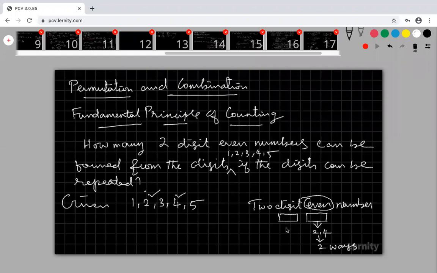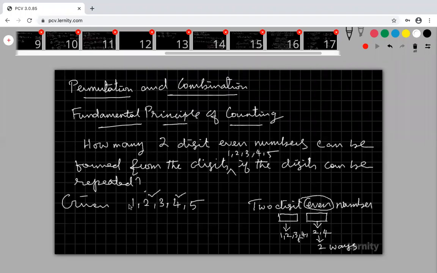Now come to my tens place. Any restriction for the tens place? No. If my last digit is an even number, then that number must be an even number. So here I can fill 1, 2, 3, 4, or 5, any number.